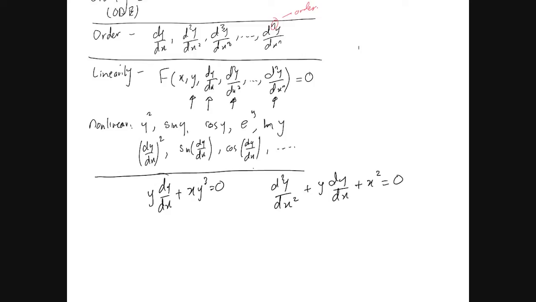Now this would cause the nonlinearity, and so would this. In this case, this would cause the nonlinearity because y and any of the derivatives cannot multiply each other because that is a nonlinearity in the dependent variable. Okay, so now I hope you have a reasonable idea of what is linearity versus nonlinearity.